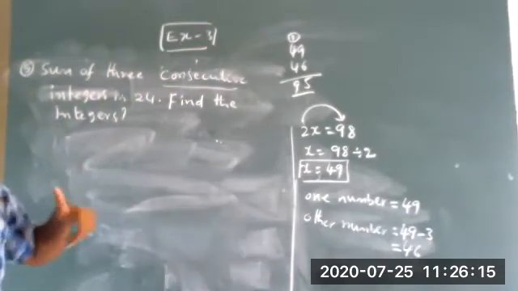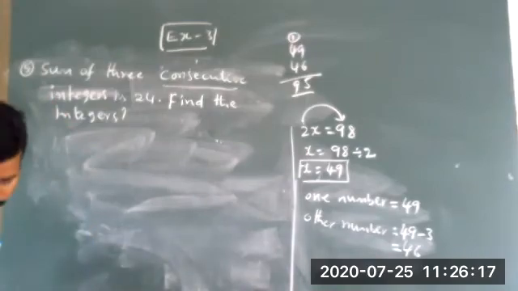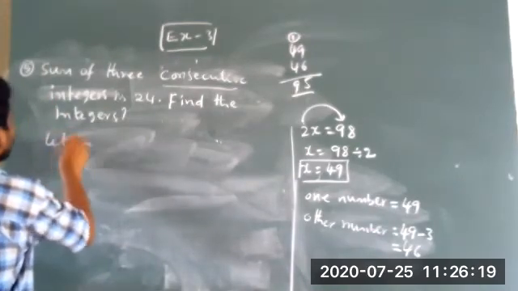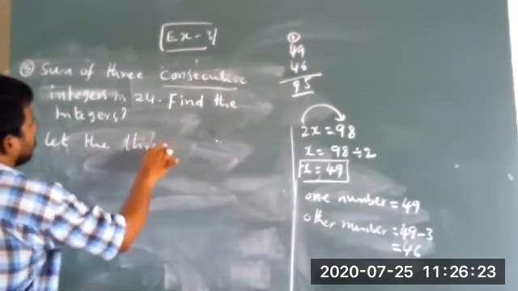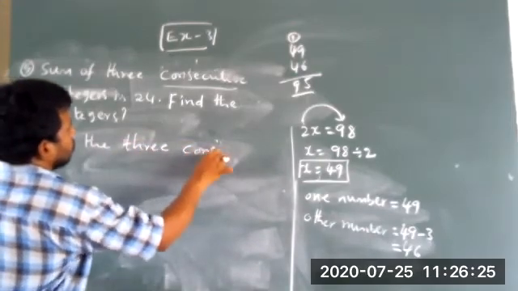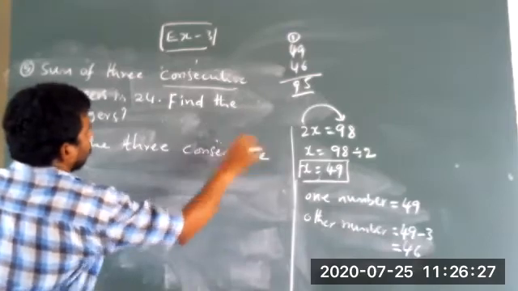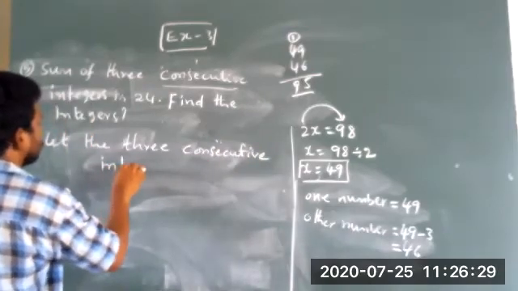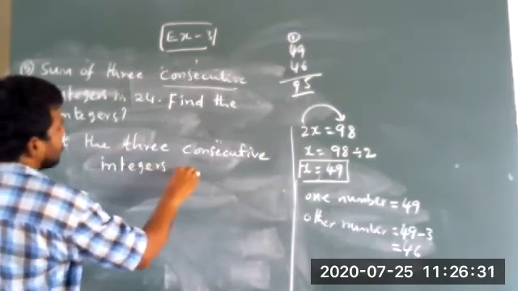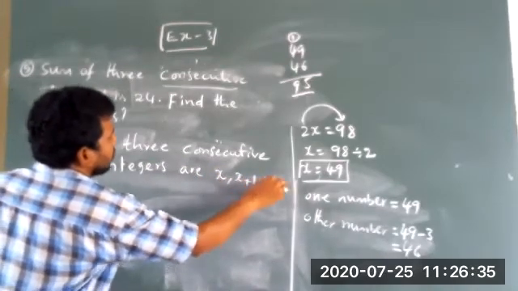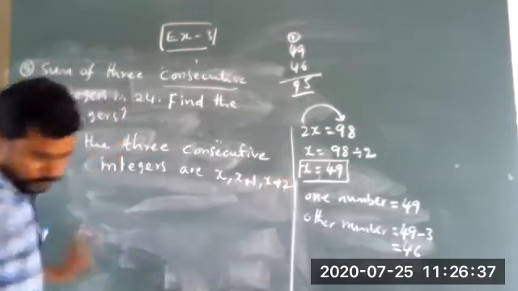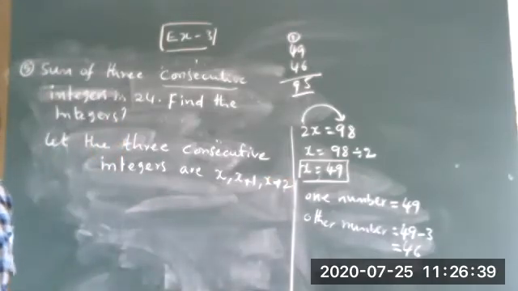So let us take x. Let the three consecutive integers be x, x plus 1, x plus 2.